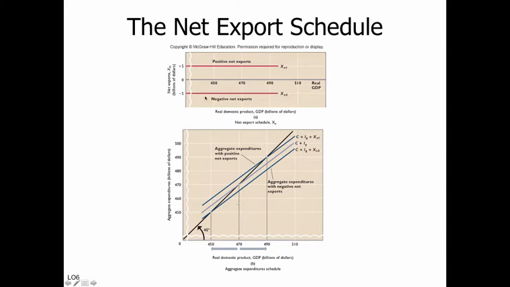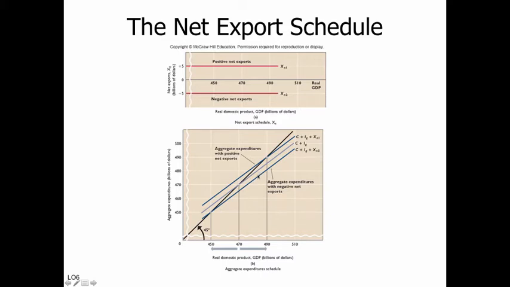If instead we had this scenario with a negative $5 billion net export spending amount, again back to our original C plus I spending line, if we add in this negative spending amount, that would shift down the spending line to this bottom one. Again, this is now C plus I plus this XN2, which is negative $5 billion net export spending.